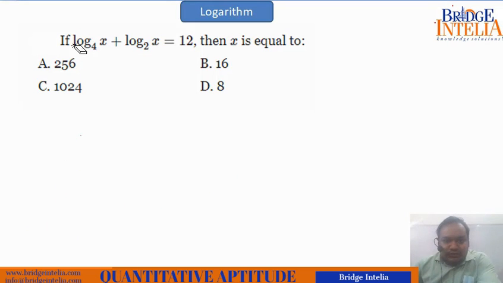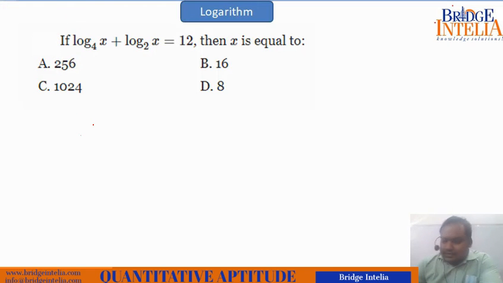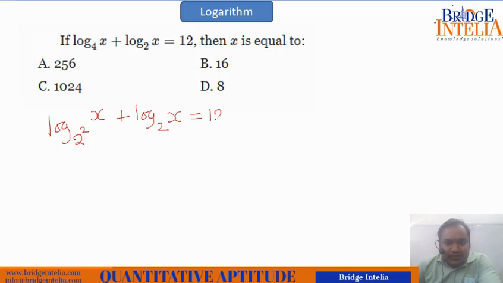Okay, this is a very good one. Let's see how to solve this. So it is given that log 4 can be written as 2 square, and this you can write as it is. So this is what is given to us.